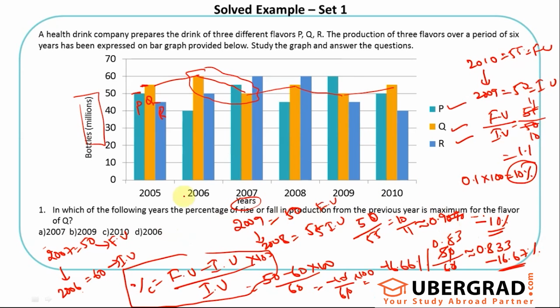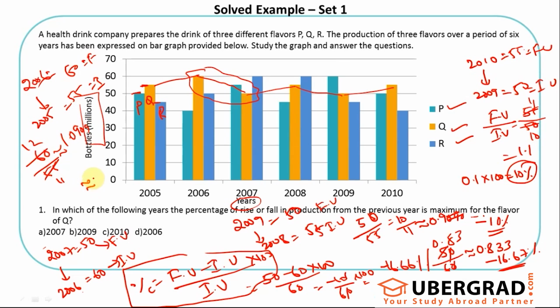For 2006 over 2005: in 2006 it is 60, in 2005 it is 55. So final is this, initial is this, 60 by 55, which will come to about 1.09.